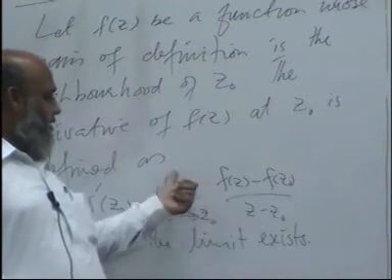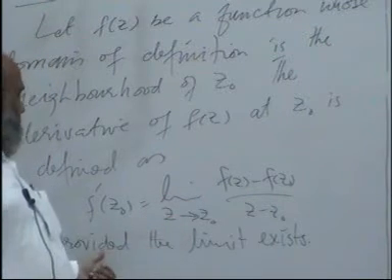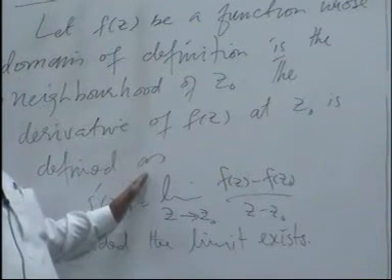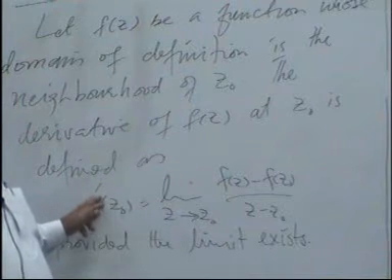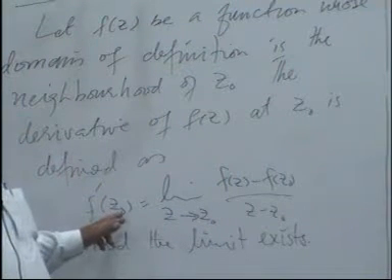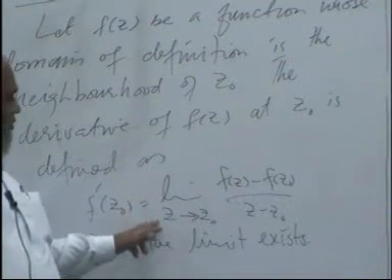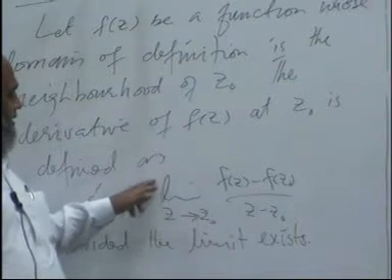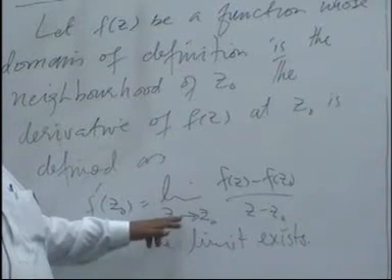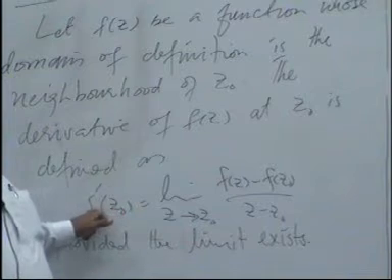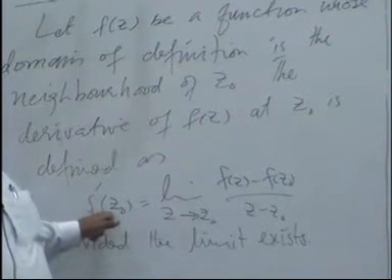If this limit exists, we say that this is the derivative of the function, which is denoted by f prime z naught. The strong condition on this is the existence of the limit. If the limit does not exist, this derivative does not exist.